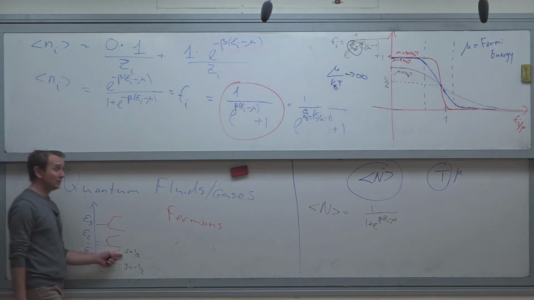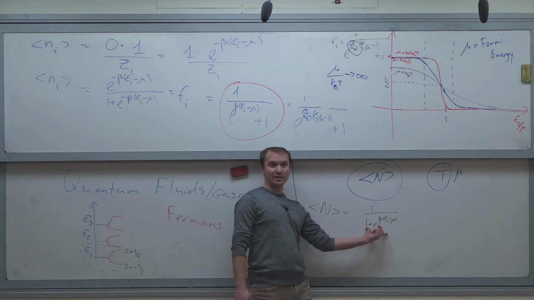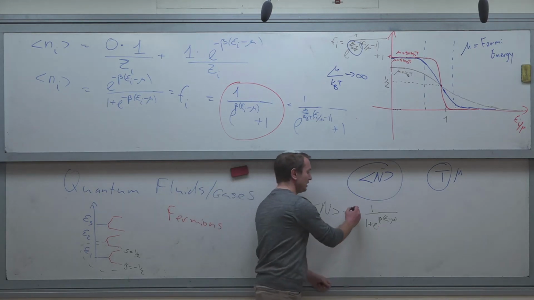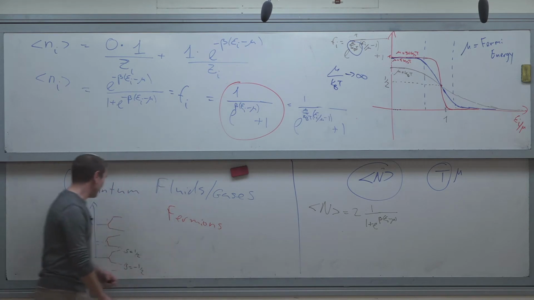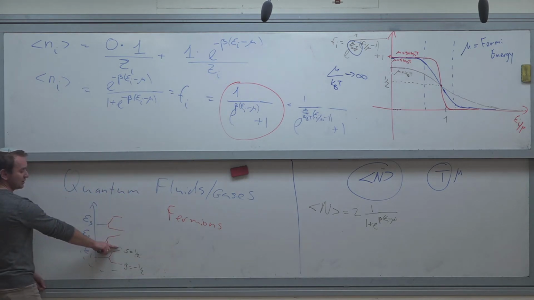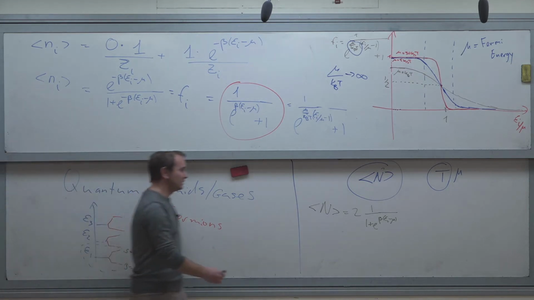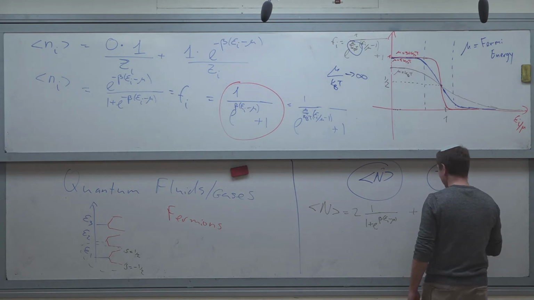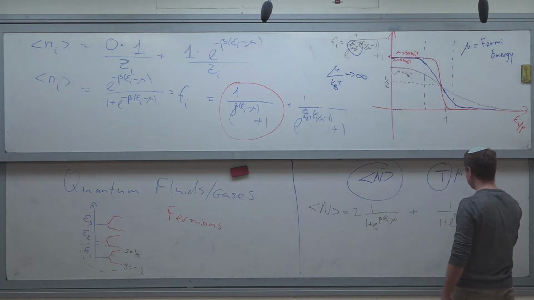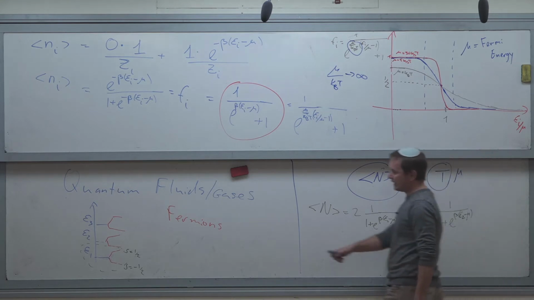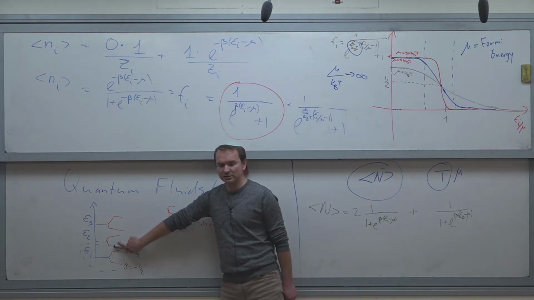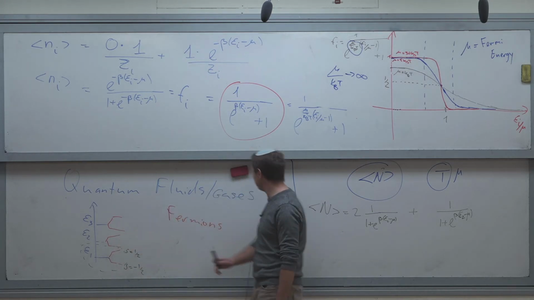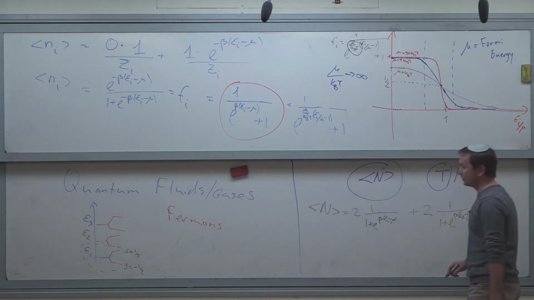This number is exactly that number, so I only need to add a prefactor of 2. Then the average number of particles with energy epsilon 2 and spin minus 1/2 is 1 divided by 1 plus e to the power beta epsilon 2 minus mu, and again I have the degeneracy for spin minus 1/2 and spin 1/2.